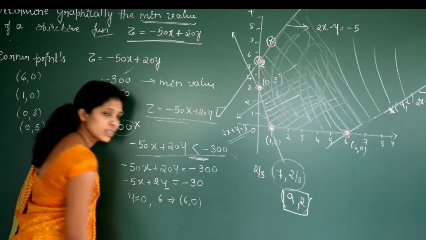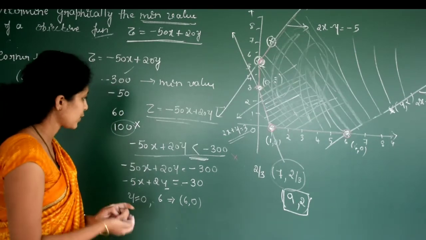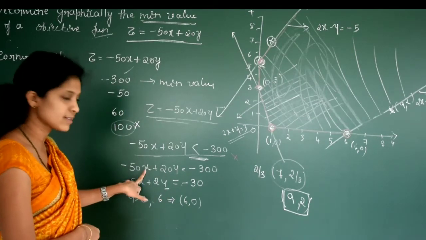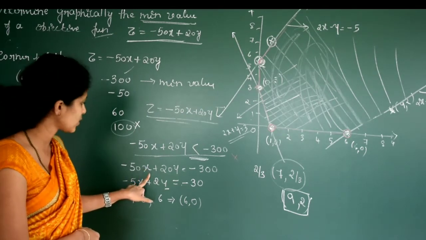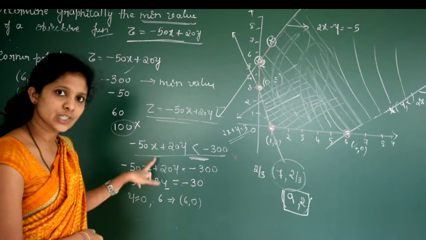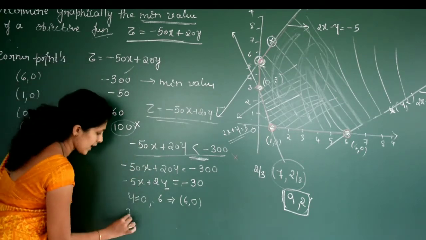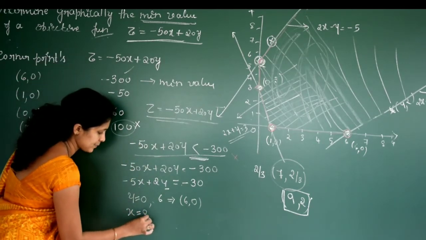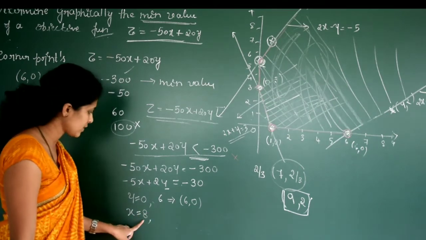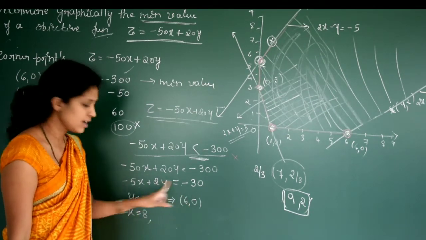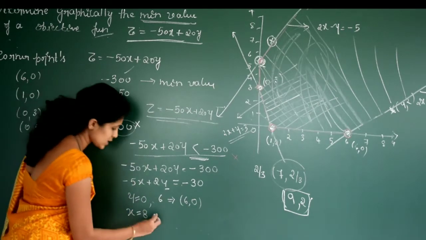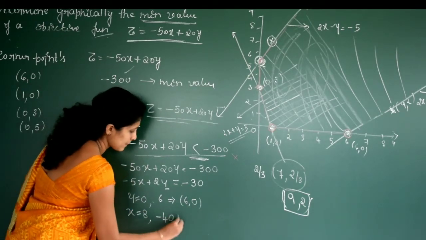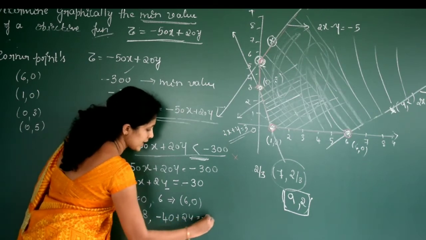Is it clear? Now we need to find another point. For that we can substitute any value for x. If I go with x is equal to 1, I'll get a negative value. X is equal to 2, I'll get a negative value. But if you substitute x as 8, this will be 8 into minus 5, which is minus 40, plus 2y is equal to minus 30.